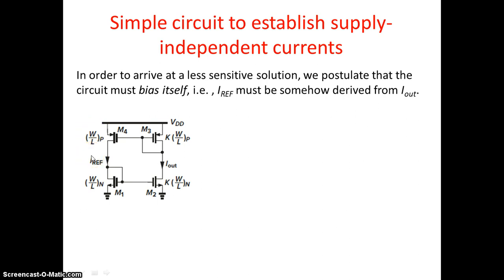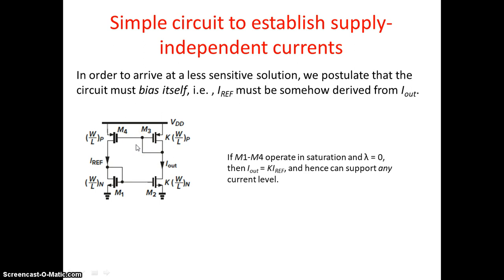If I connect in this fashion, what is the relation I am going to get for I out? By considering channel length modulation effect to be 0, if all are operating in saturation, I can simply write I out is equal to K into I reference.